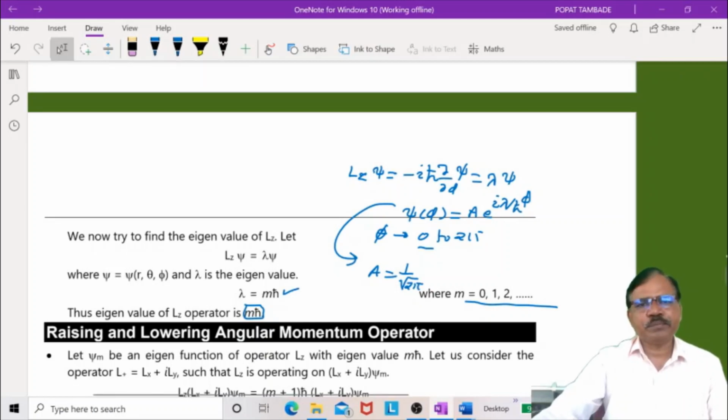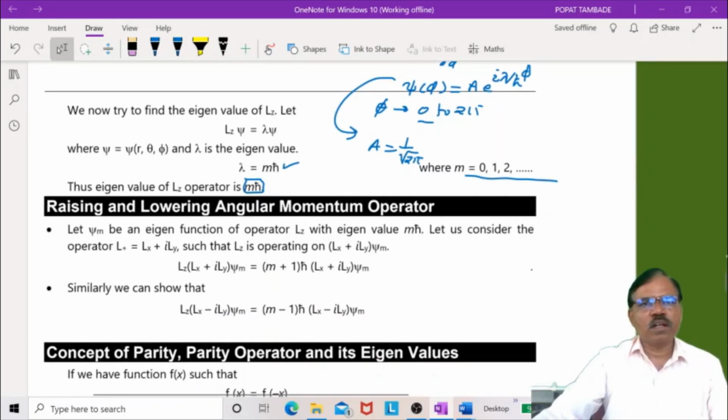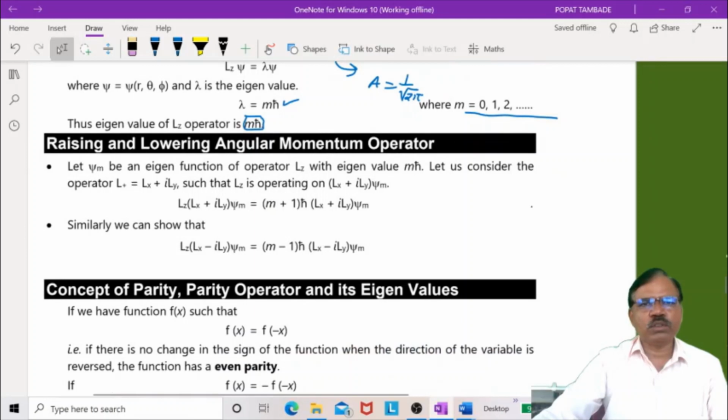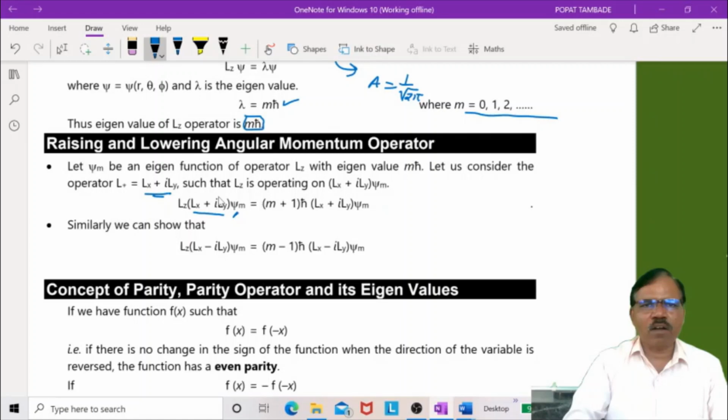Now here, suppose we take L plus operator, that is Lx plus i Ly, and we first operate Lx plus i Ly operator on eigenfunctions psi, and then Lz operator on that.